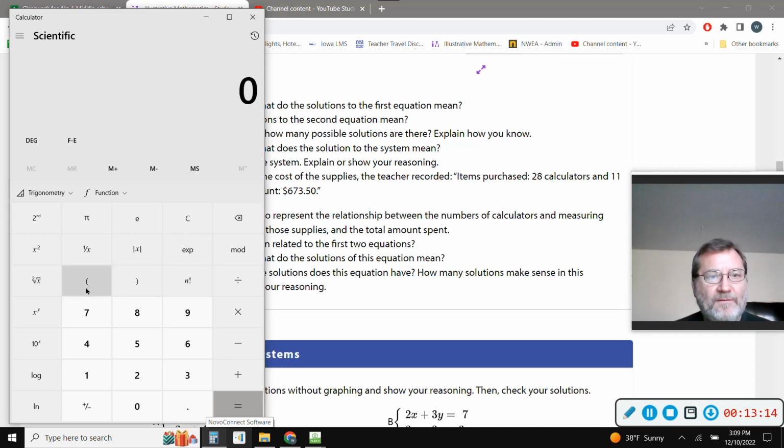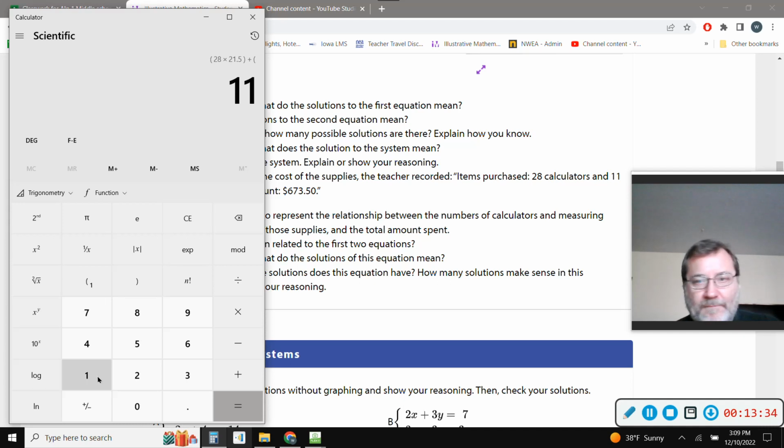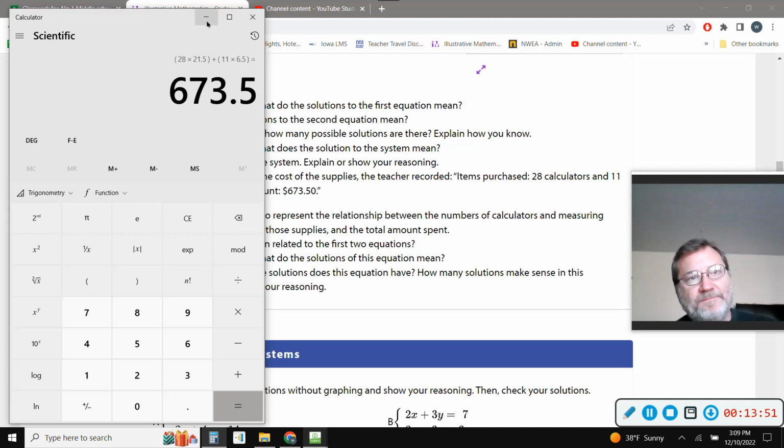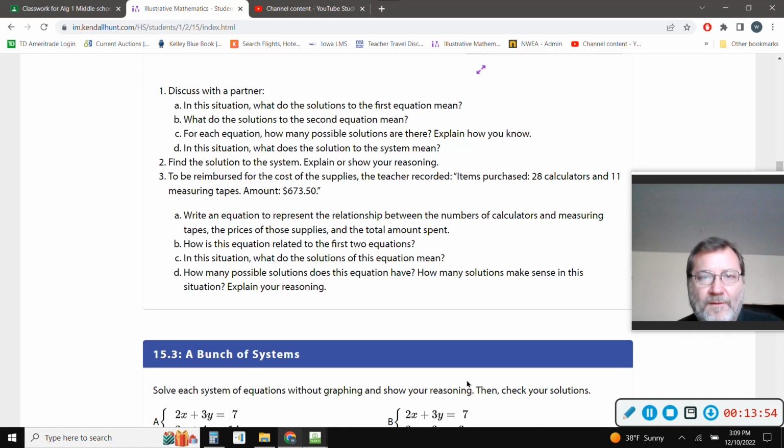If I had grouping symbol 28 times 21.5 grouping symbol plus 11 times 6.5 grouping symbol, I get 673.50. Yep, it works. So everything worked out on that one.